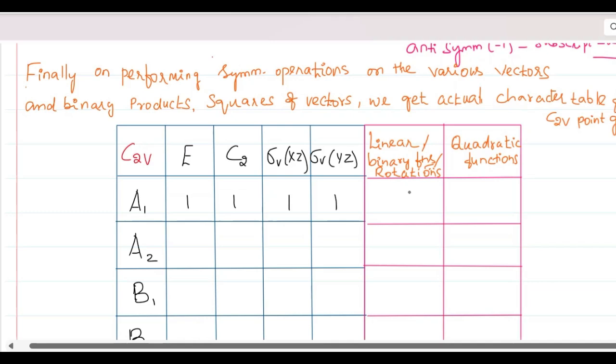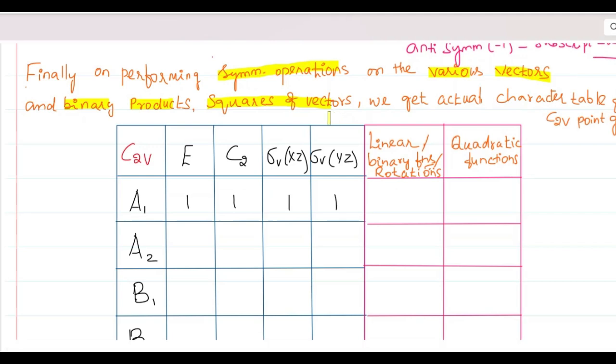We perform the symmetry operations on the vectors, that is the x, y, and z translational vectors, then binary products xy, yz, zx, otherwise the squares of the vectors such as x square, y square, z square, or otherwise the rotational vectors, atomic orbitals.